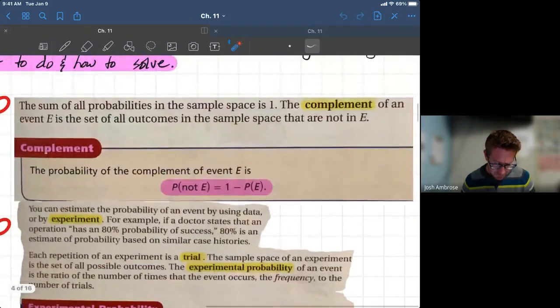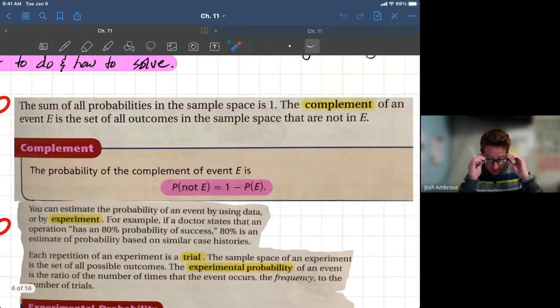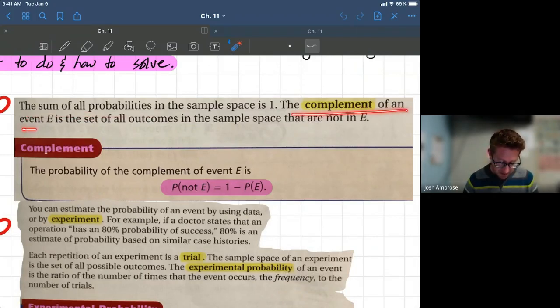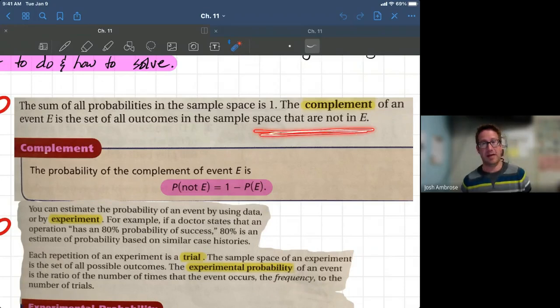Now, here's one other concept that gets brought up: complement. The complement of an event is basically the polar opposite of what you're looking at. This says the sum of all probabilities. So the complement of an event E, where all those events happen, is how many times it did not happen.